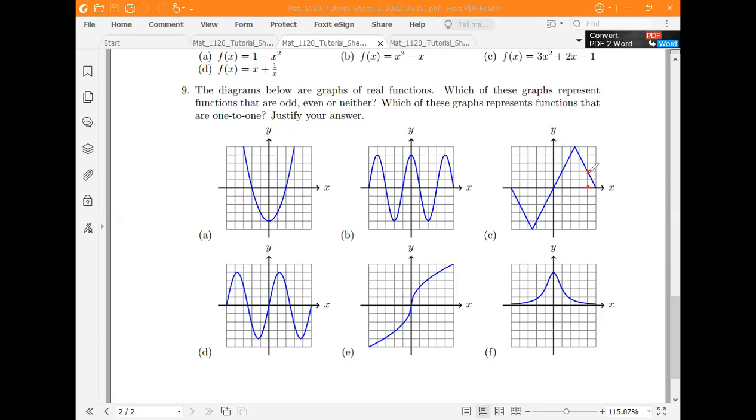But if you make it negative, it will give you a negative value of the same magnitude. So you see, this is 2, this is -2. So f of negative x is giving us negative f of x.